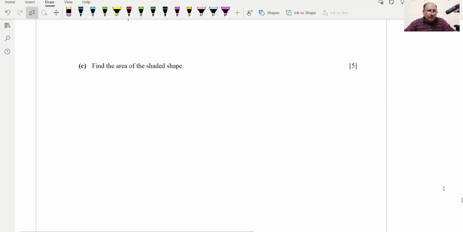Then they are asking one more thing, part C: find the area of the shaded shape. The area of the shaded shape will be what?